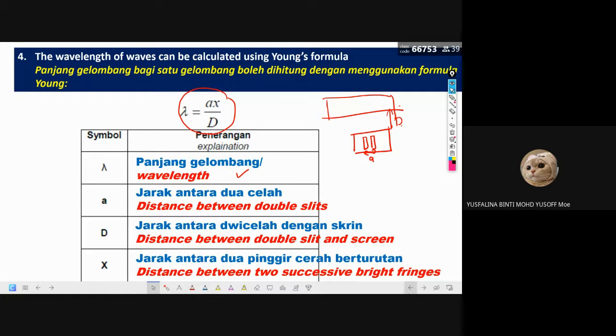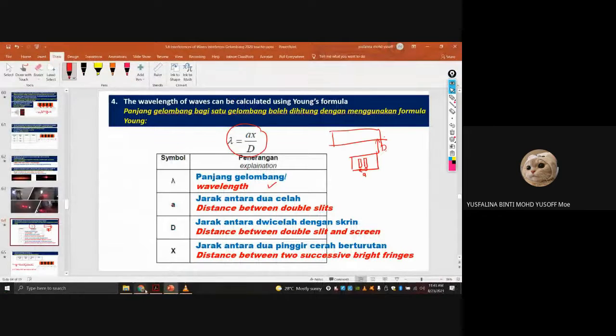If I use the video just now, my X is from here to here, dark to dark or bright to bright.